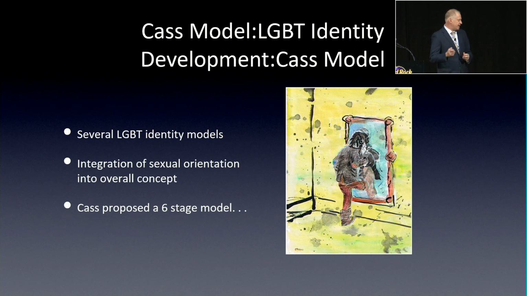Before we get into the gender identity and gender roles definitions, we're going to talk about a model by Vivian Cass from the 1970s. Vivian Cass was a well-known psychologist who described the identity model of LGBT patients, what they may go through.